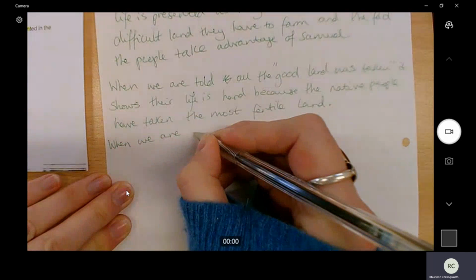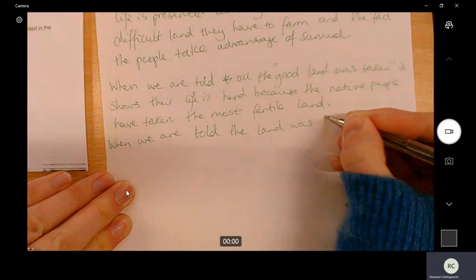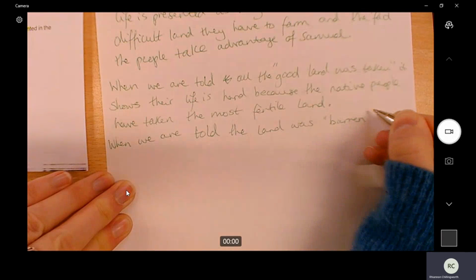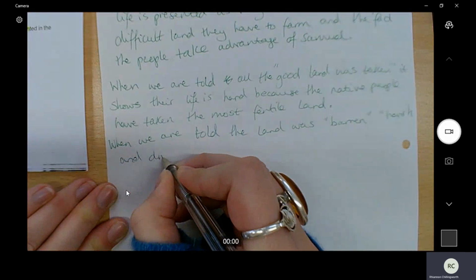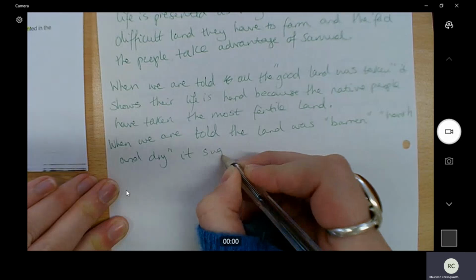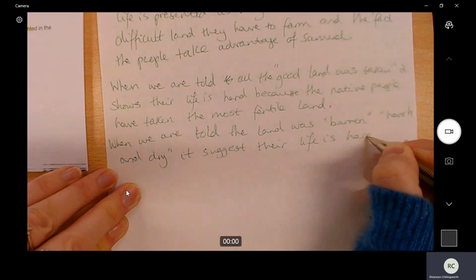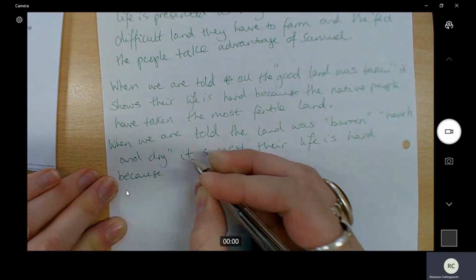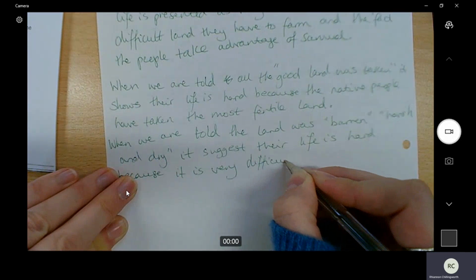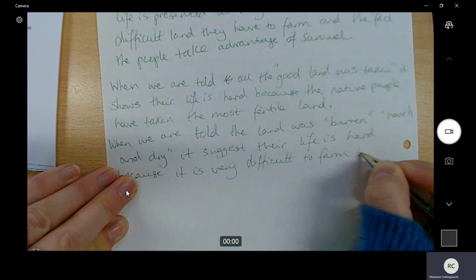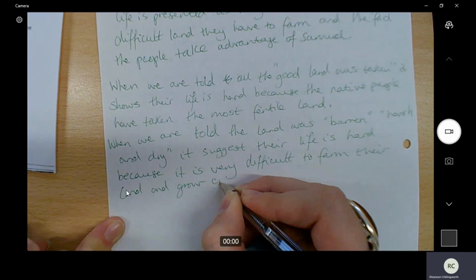When we are told the land was barren, harsh, and dry, it suggests their life is hard because it is very difficult to farm their land and grow crops.